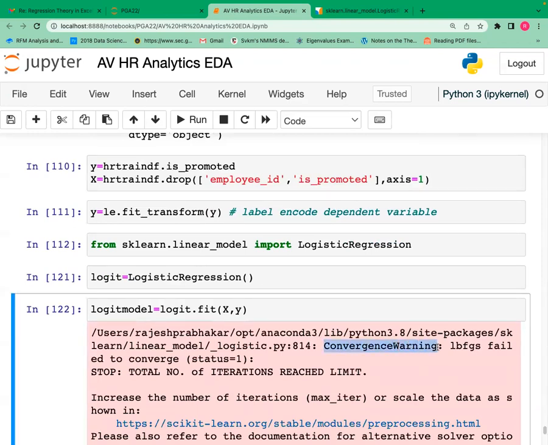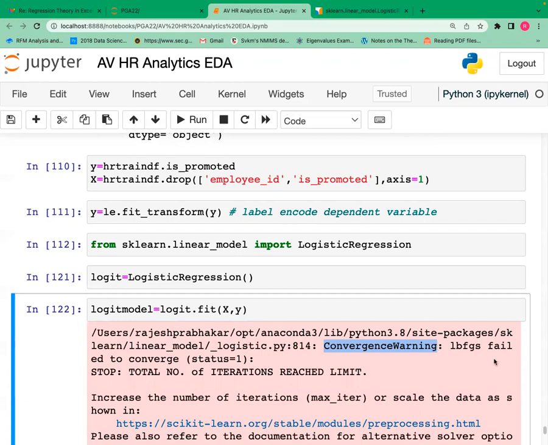Whenever you see convergence warning in machine learning, it means all the coefficients are not calculated. You know the betas, right? For all the variables, if the coefficients are not calculated, then we get this convergence warning. Convergence warning means all the coefficients for the variables could not be calculated.